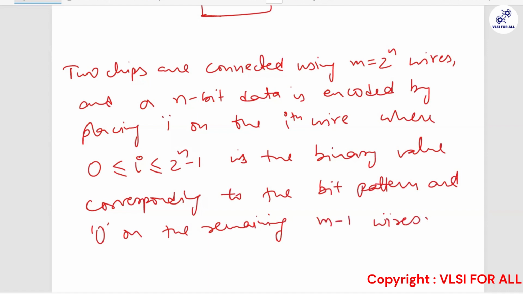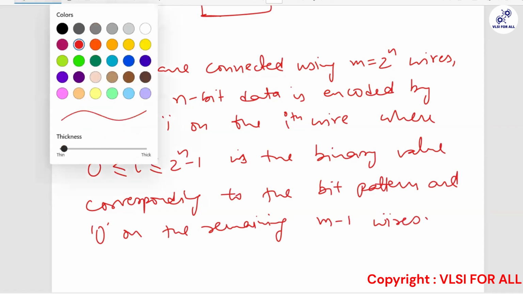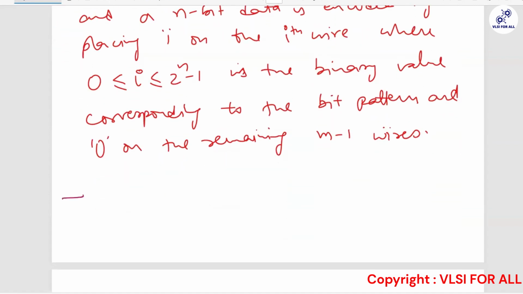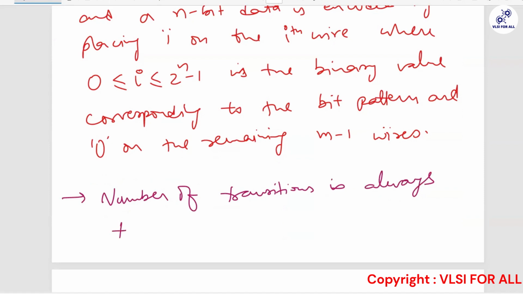Okay. Now, the main thing which you observe here is that for subsequent bits or any of the bits, the number of transitions from one bit to any other bit will always be 2 only.